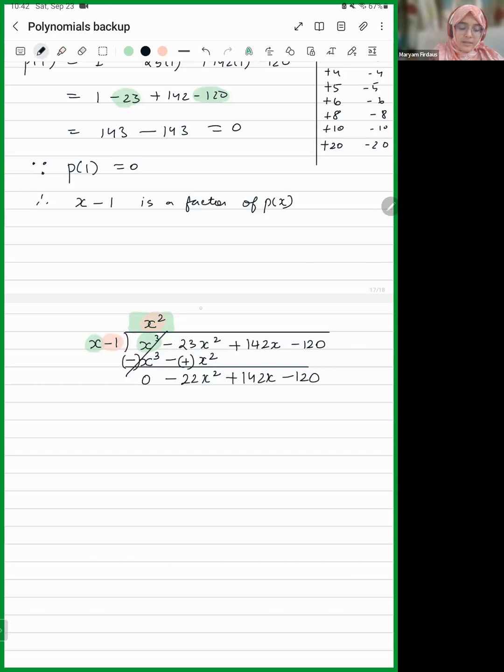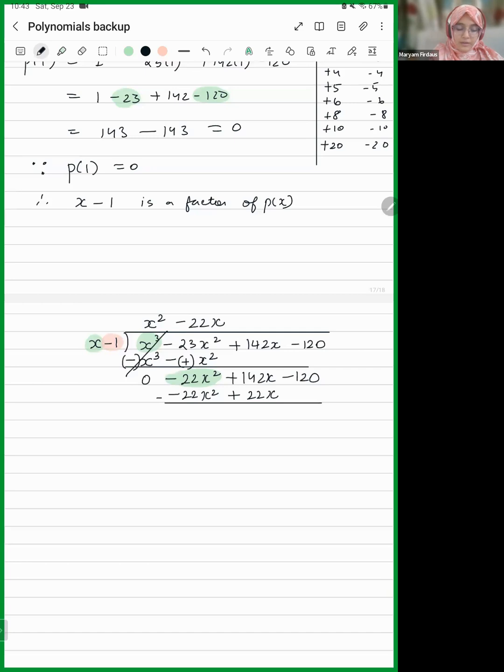Then the next step is, x multiplied by what will give you minus 22x squared? Minus 22x multiplied by x gives you minus 22x squared. So now you have to multiply minus 1 also with whatever you have written, plus 22x will come under.